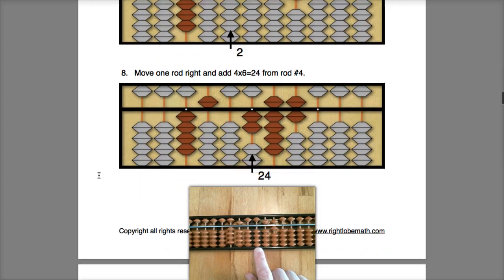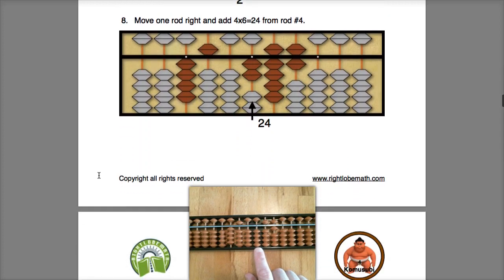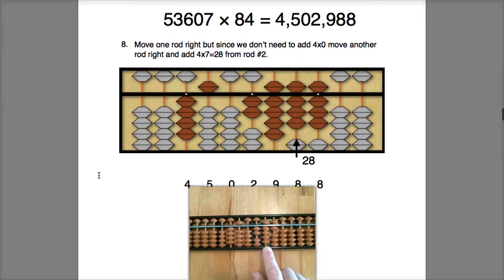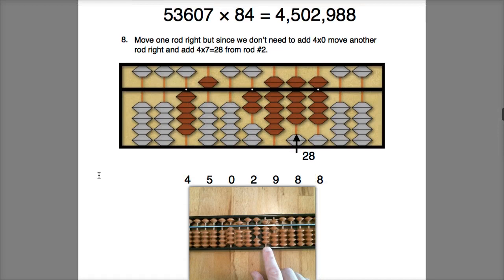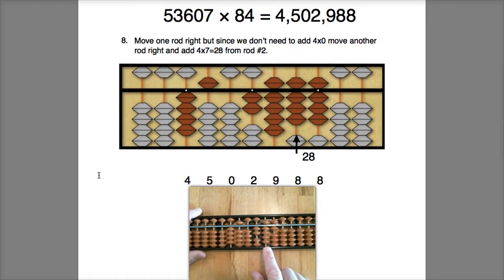Okay, let's go ahead and continue moving one rod right, and we'll multiply 4 times 6, which is 24, and enter 24 from rod number 4, so a 2 and a 4. Okay. All right. And then finally, we will move one more rod right.